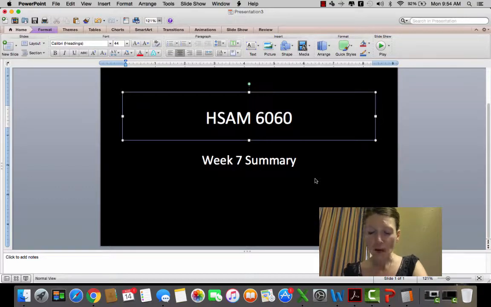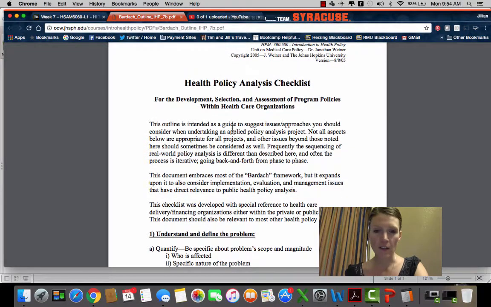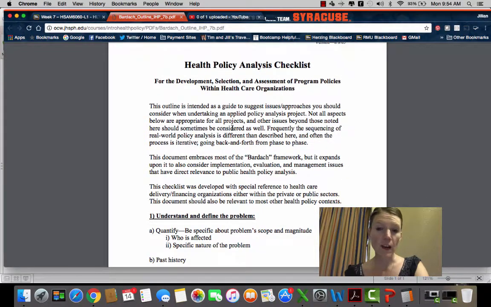Last week was mainly about policy analysis and evidence-based topics. We had a really nice health policy analysis checklist that was shared from some of our colleagues over at Johns Hopkins, a health policy checklist that can be used within a healthcare organization.